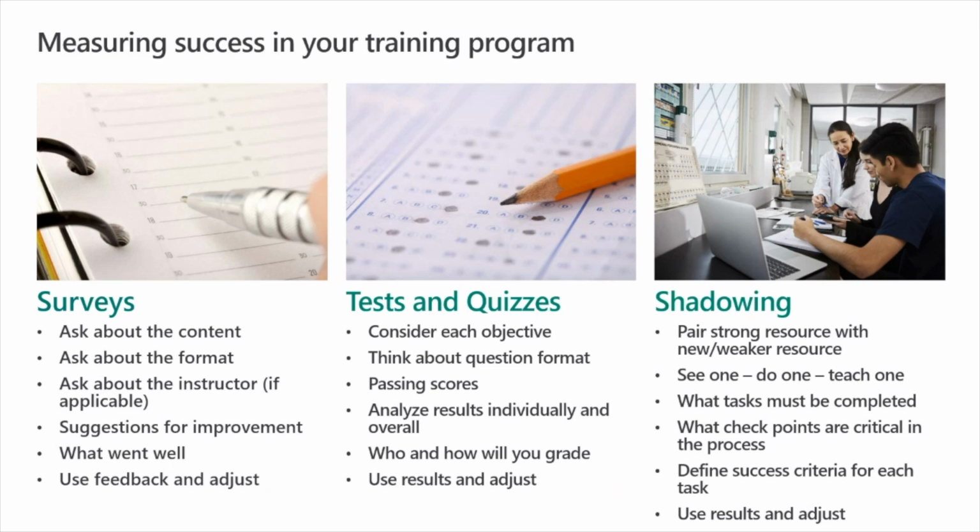And shadowing is another great way. So pair strong resources with newer or weaker resources, someone who's struggling. Using the see one, do one, teach one approach is another great technique that you can use from an exercise and shadowing perspective. Also think about what tasks must be completed and what checkpoints are critical along the way in a particular process that you can ask the user about or get them to pause and talk about.